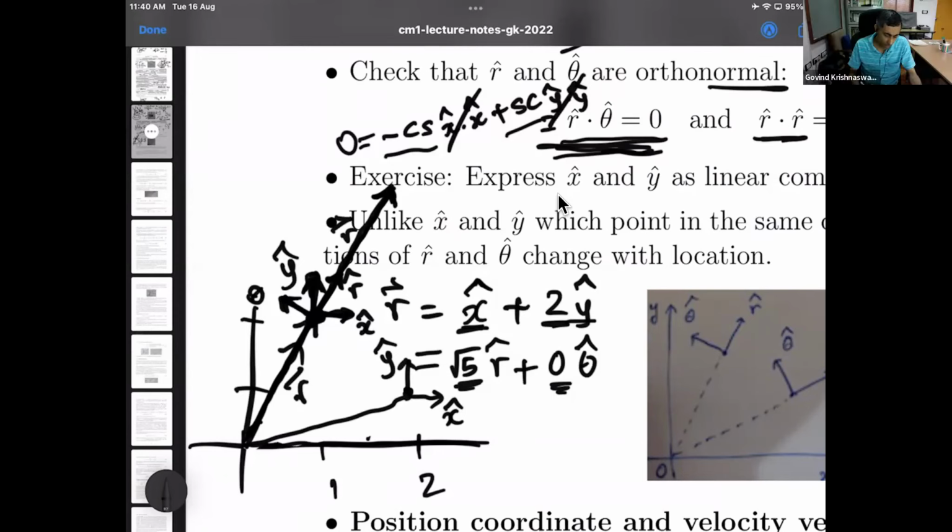And you will make the further observation that the r hat over here points in a different direction than the r hat here, right? So not only are they located at different places, they point in different ways. Yeah, this is going towards Tripura and that is going toward Himachal Pradesh or something, at least from where I am. So these are bases at each location.